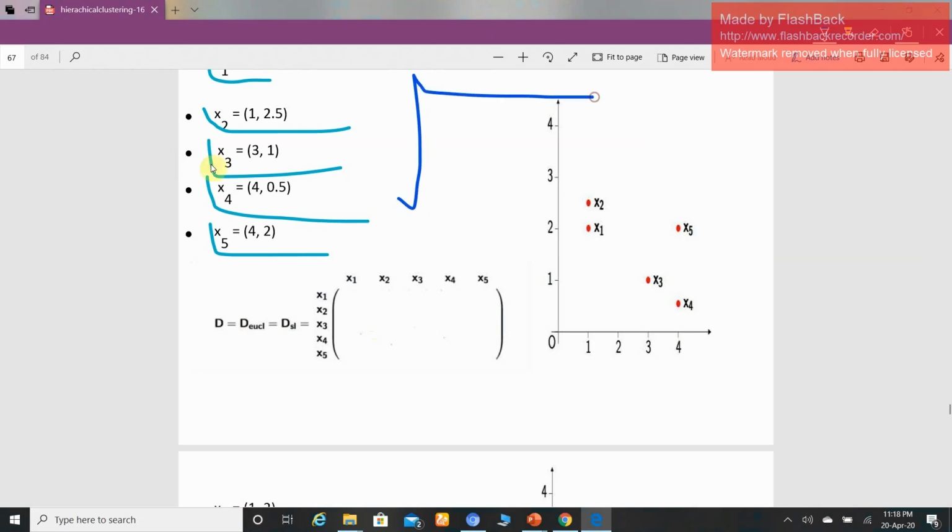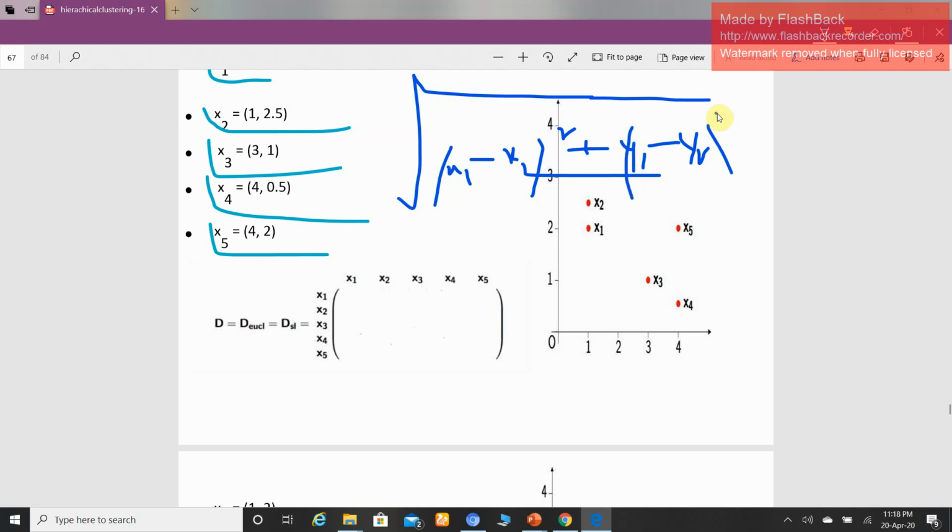Root over (x1 minus x2) whole square plus (y1 minus y2) whole square.